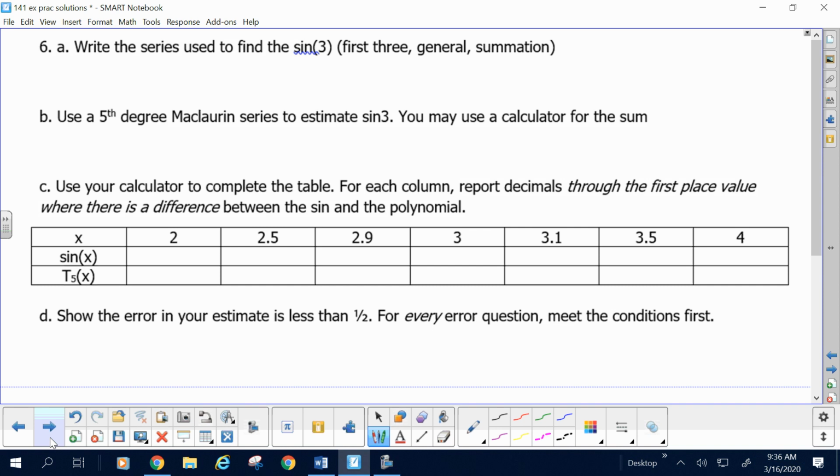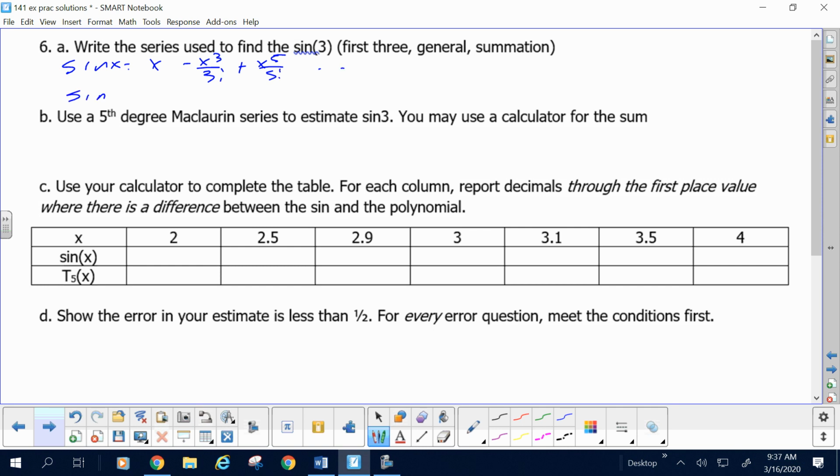If I use the series for sine to estimate the sine of 3, then I would say something like the sine of 3 is, let's start, you probably have the Maclaurin right in front of you, but I'm going to start with the general Maclaurin. Sine is x minus x cubed over 3 factorial plus x to the 5th over 5 factorial and so on.